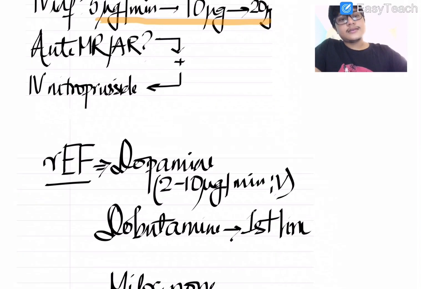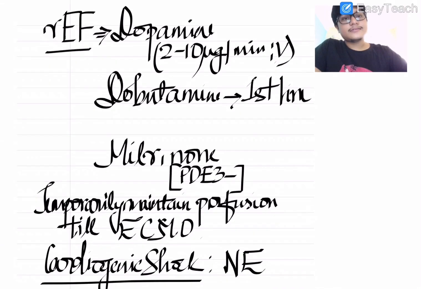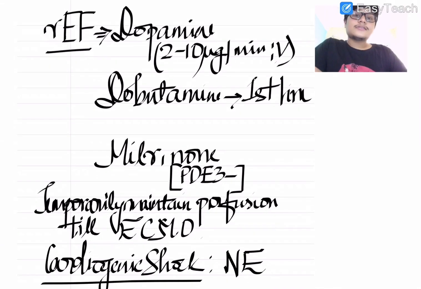Now, here come the specific therapies. If on echo we observe that there is a reduced ejection fraction, we need to temporarily give pharmacological therapy to maintain perfusion till we can do an ECMO. ECMO is extracorporeal membrane oxygenation. So we give dobutamine as a first line drug.